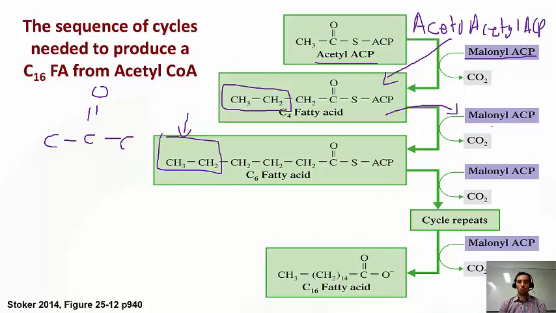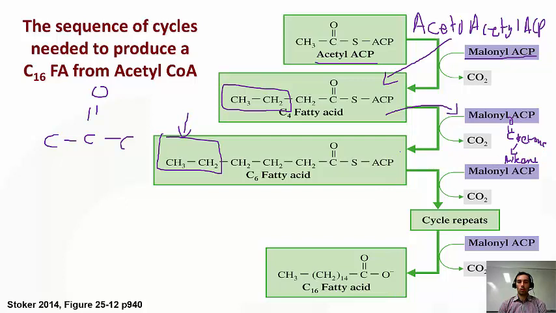So essentially what the malonyl ACP is giving us is this ketone group, which we can turn into the alkane group, where it just contains the single carbon-carbon bonds.